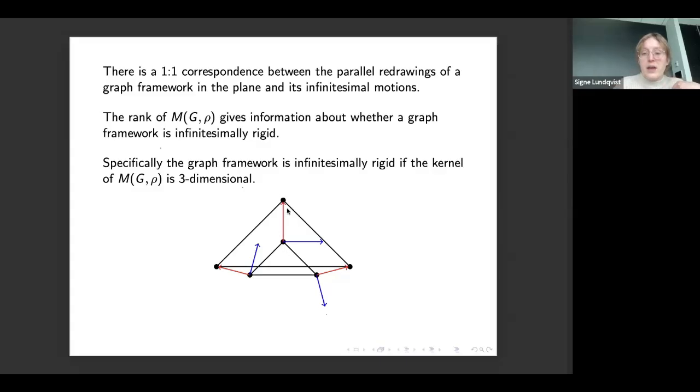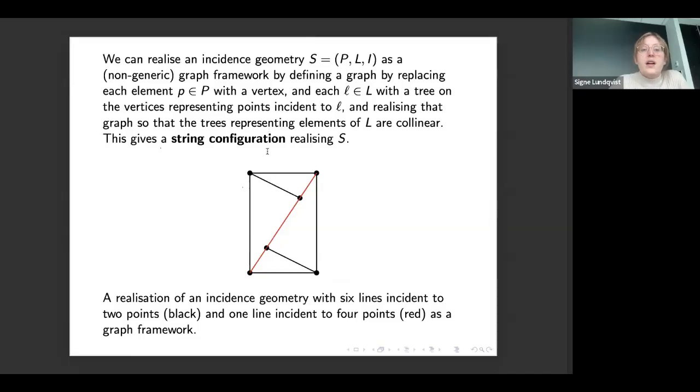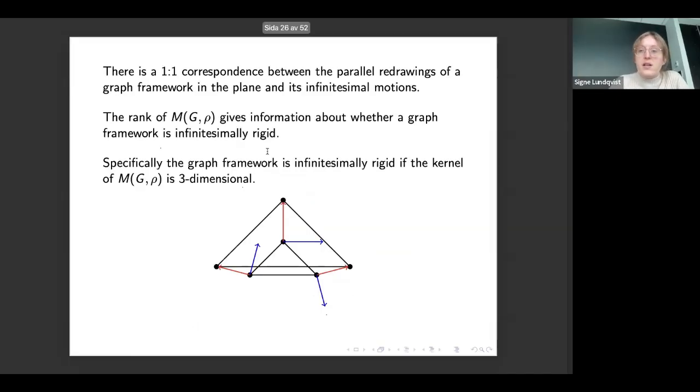And if you add those vectors to the points in your original framework, you will get another framework with the same line slopes. So basically, the one-to-one correspondence is just rotation in a consistent way by 90 degrees. Okay. And the good thing about this is that there's no assumption of genericity here. So this one-to-one correspondence works for any framework, including non-generic ones.